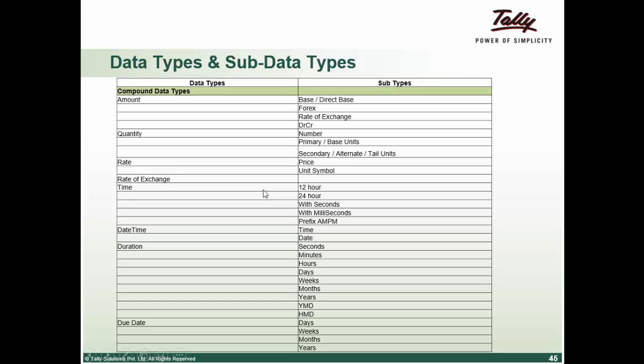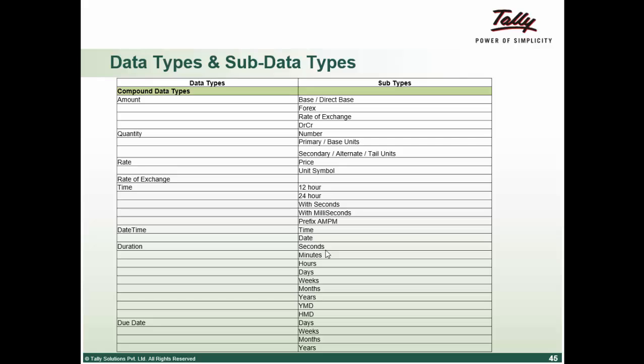Then we have a data type called time, which can be 12-hour or 24-hour, with seconds or without seconds, with prefix AM, PM. Then we have date and time, which can return time or only date. Then we have duration, which can be returned in seconds, hours, days, weeks, months, years, year, month, date, hour, minute, days.